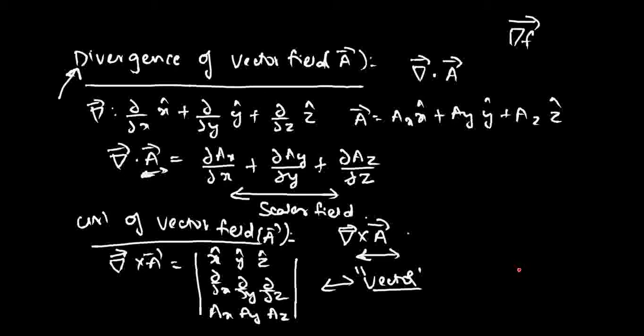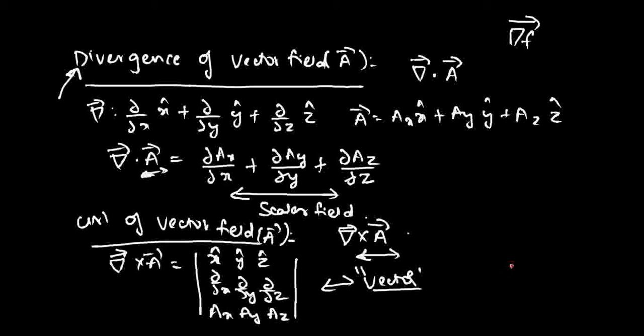And if he gives vectors in the options, then he is expecting you to just solve for del cross A and give the answer. So you have to understand the thoughts of the question paper setter in such problems. Because you know that it is a vector, it has both magnitude and direction, sometimes he may explicitly ask, otherwise you have to understand the kind of question asked and choose the correct answer appropriately.